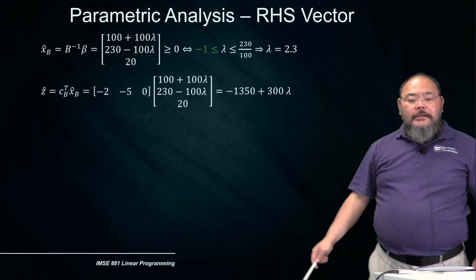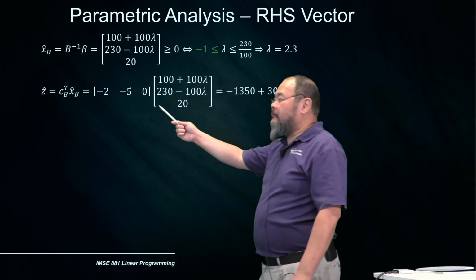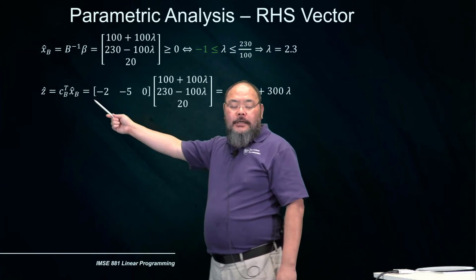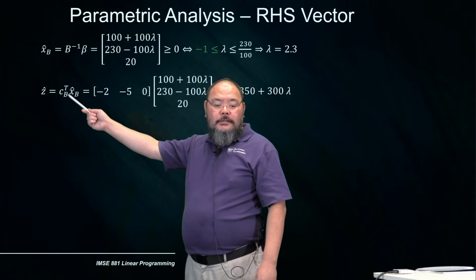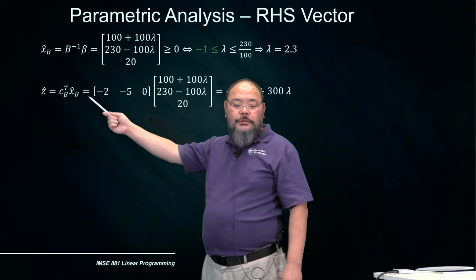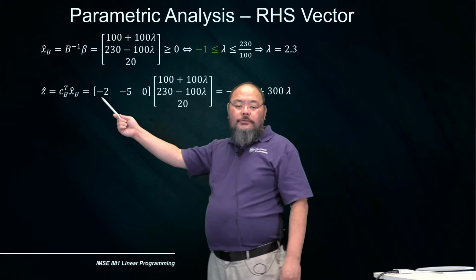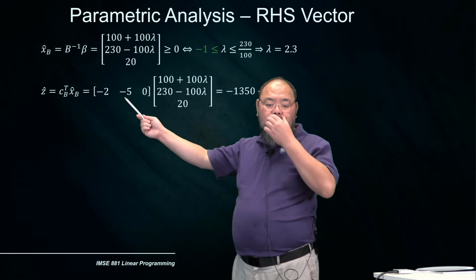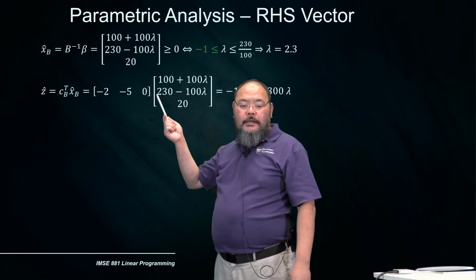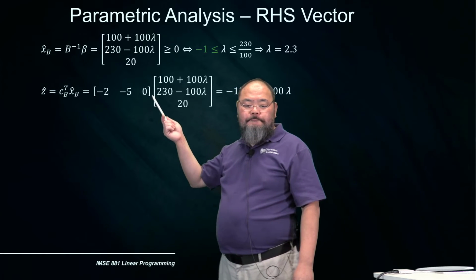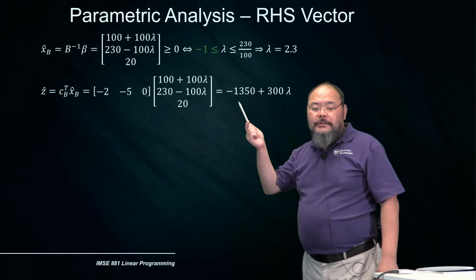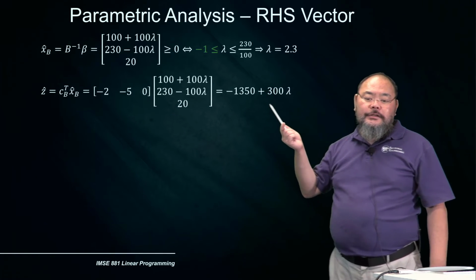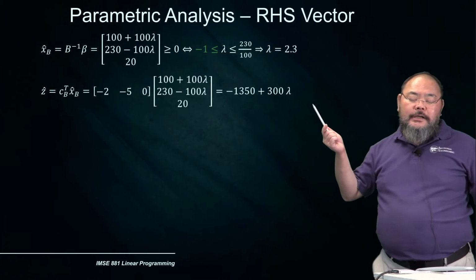Look at the change of the objective function z hat. Z hat equals CB transpose times XB hat, where XB hat is the new basic solution, and CB equals negative 2 for C2, negative 5 for C3, and 0 for C6. This equals negative 1350 plus 300 times lambda.